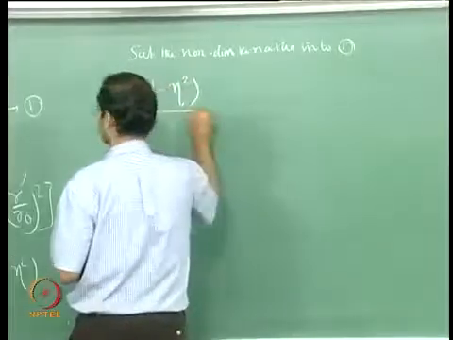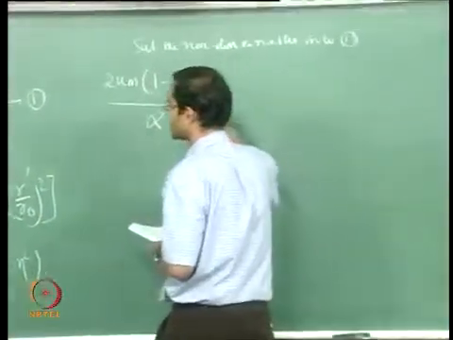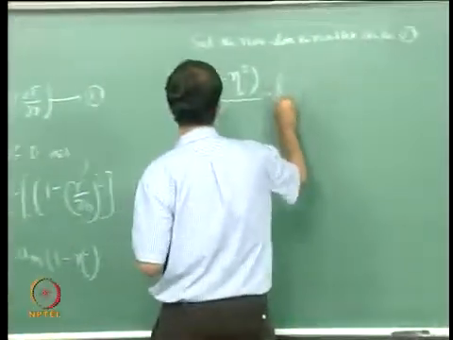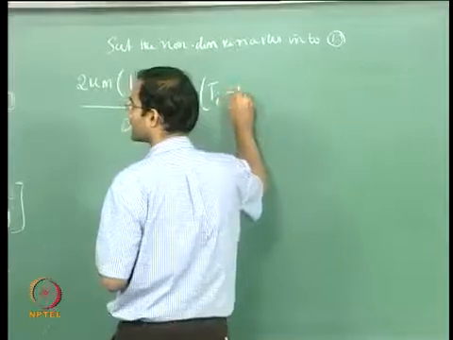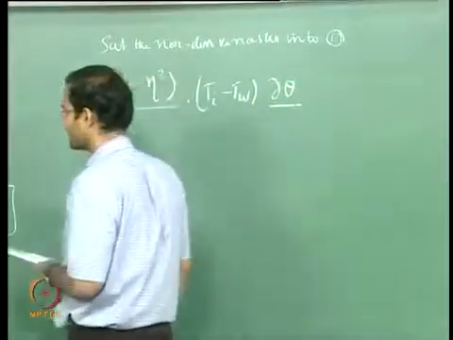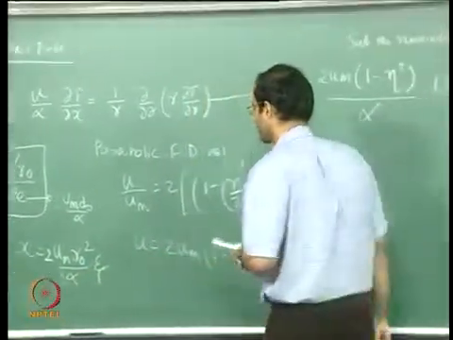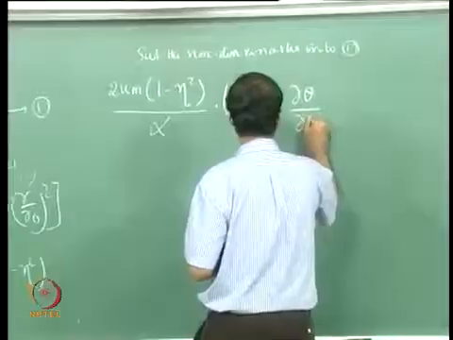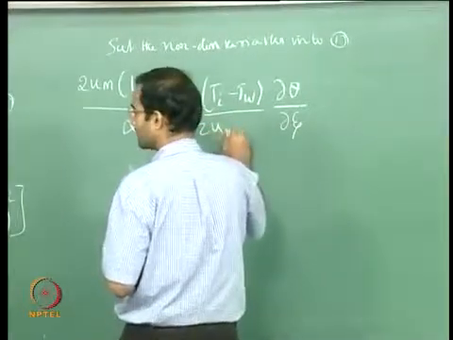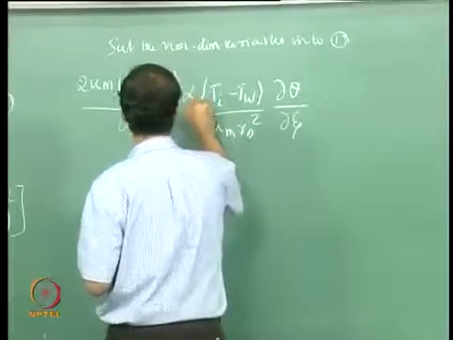So divided by alpha into dT by dx. So T in terms of theta, that is basically Ti minus T wall d theta by, now once again x we can write in terms of zeta from here. So this will be d zeta, and you have the other terms, you have 2 um r naught square, and there is an alpha coming in the numerator.